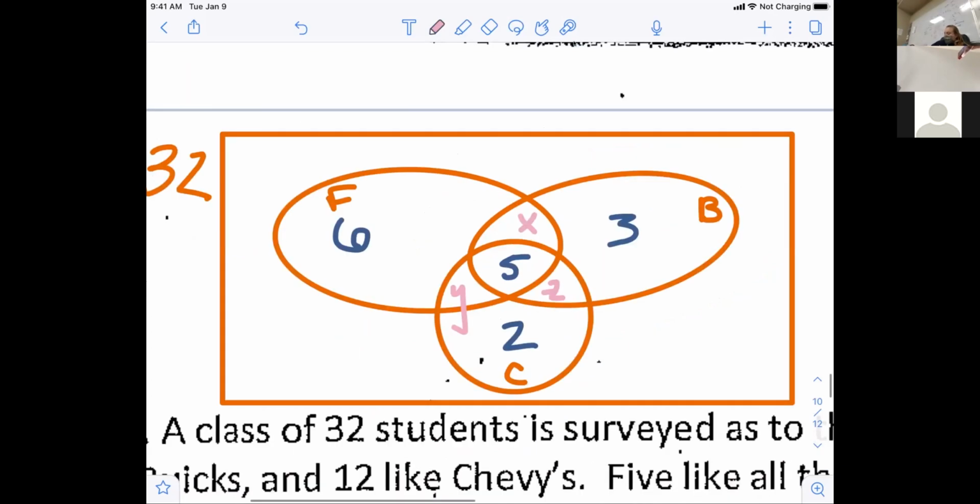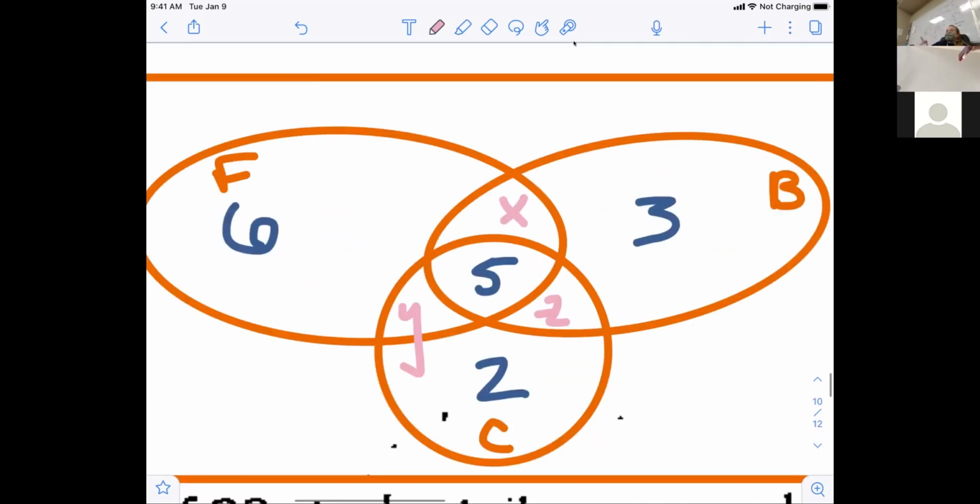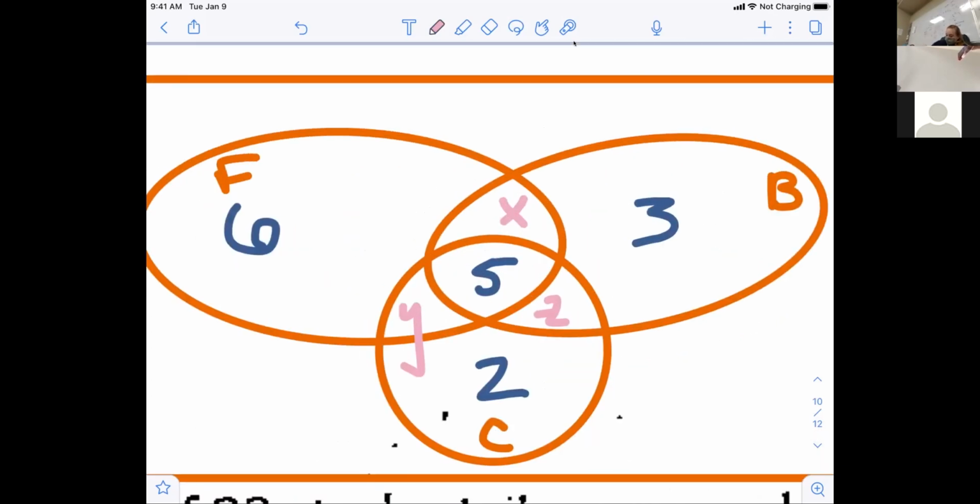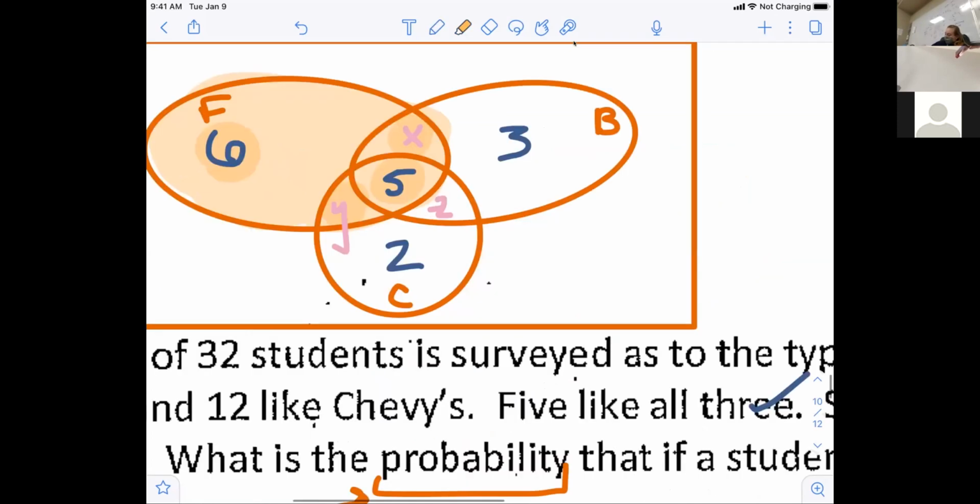We're going to write 3 equations, one for each type of car. The first one is Ford. I'm going to write a Ford math sentence that says 6 plus 5 plus X plus Y equals 19.